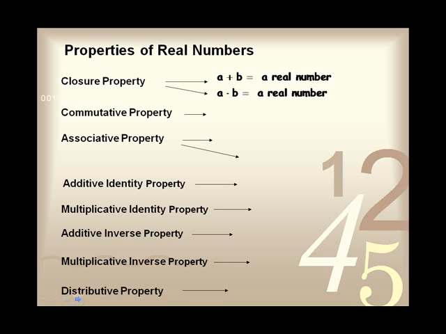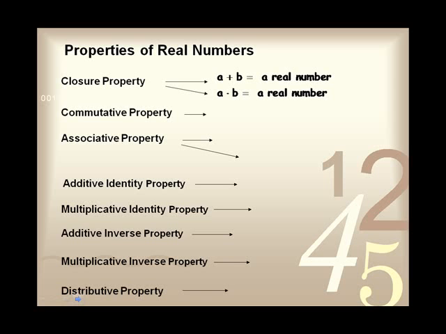One more example: when you multiply 2 imaginary numbers together, you actually get a real number. So that's why I can't say that these are properties for imaginary numbers as well, because I just gave you 2 examples where the addition and multiplication operations are not closed within that set.